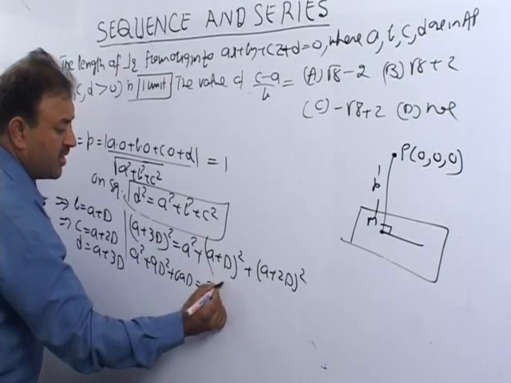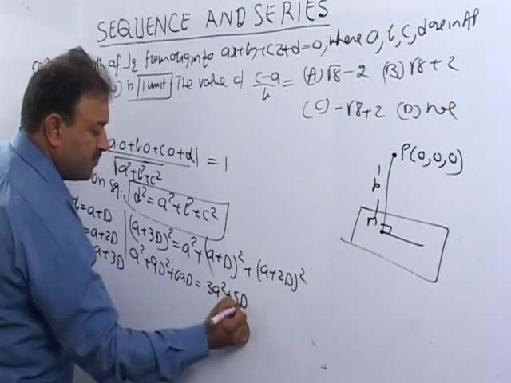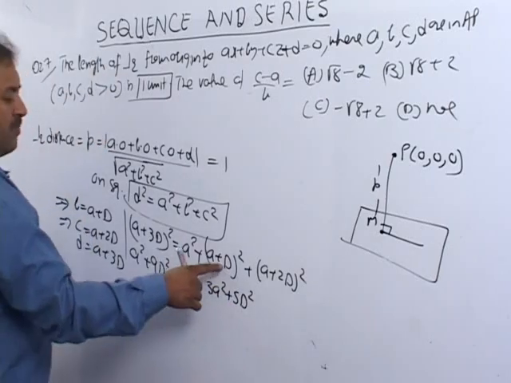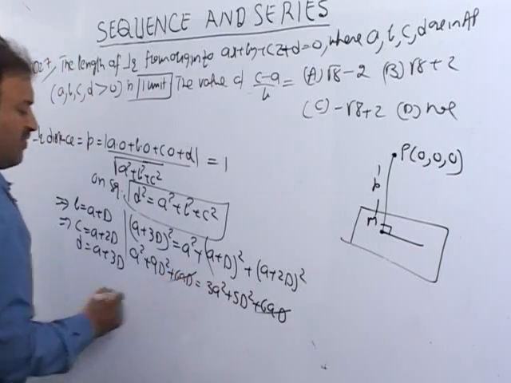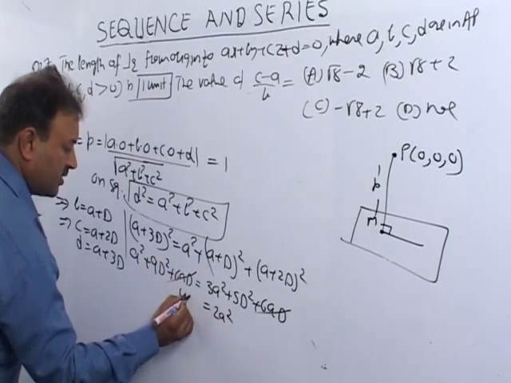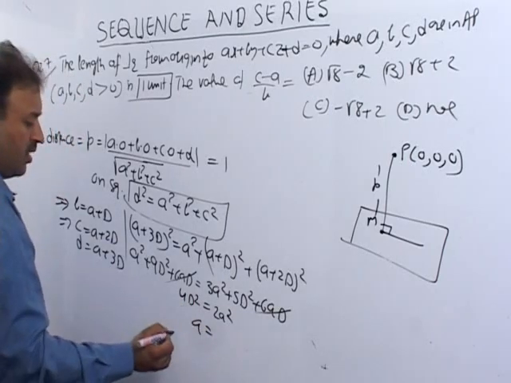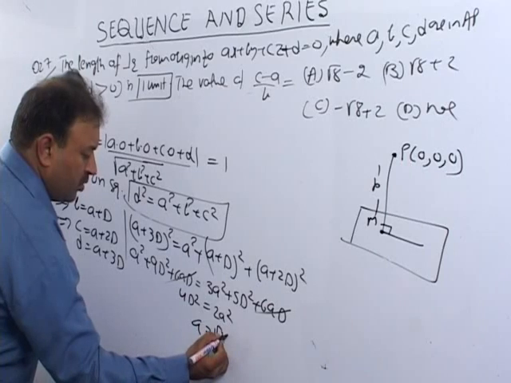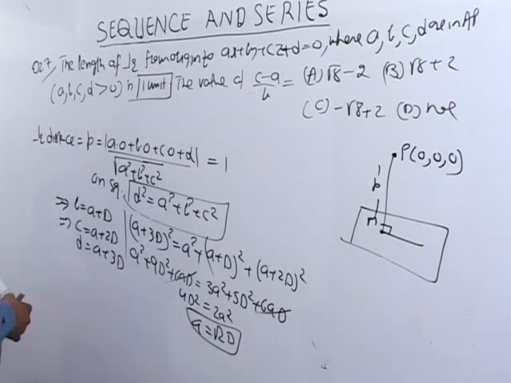This is 3A square plus d square, it is 5d square. It is 4Ad plus 6Ad, I got 6Ad. 6Ad will be cancelled out, I am left with 2A square equals 4d square. I can say A is equal to root 2 d.